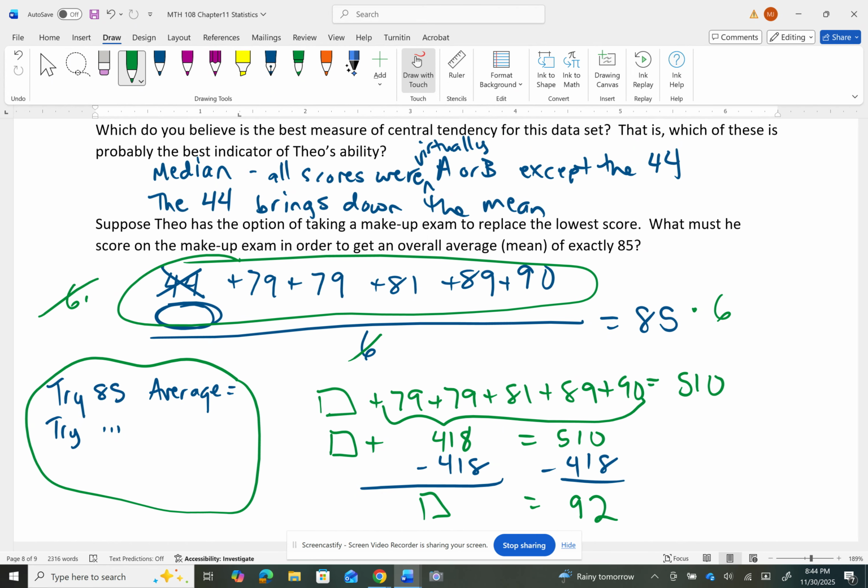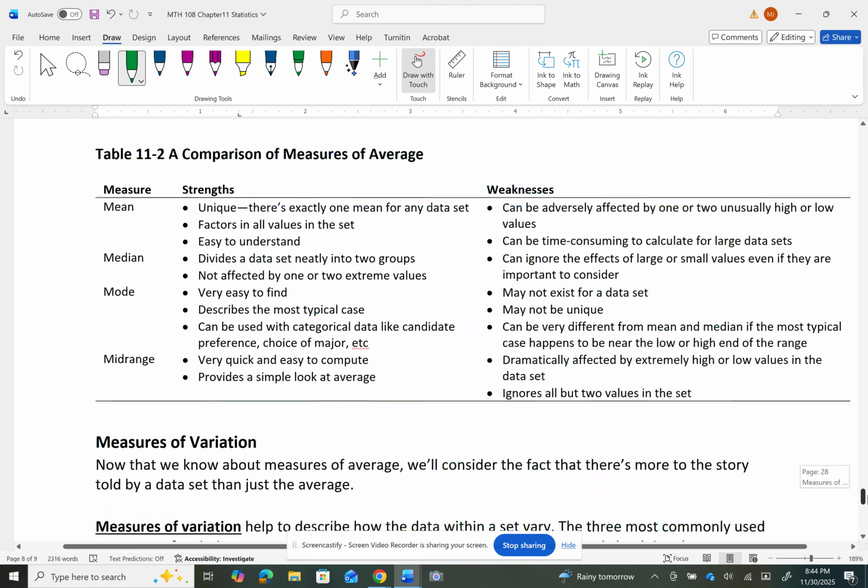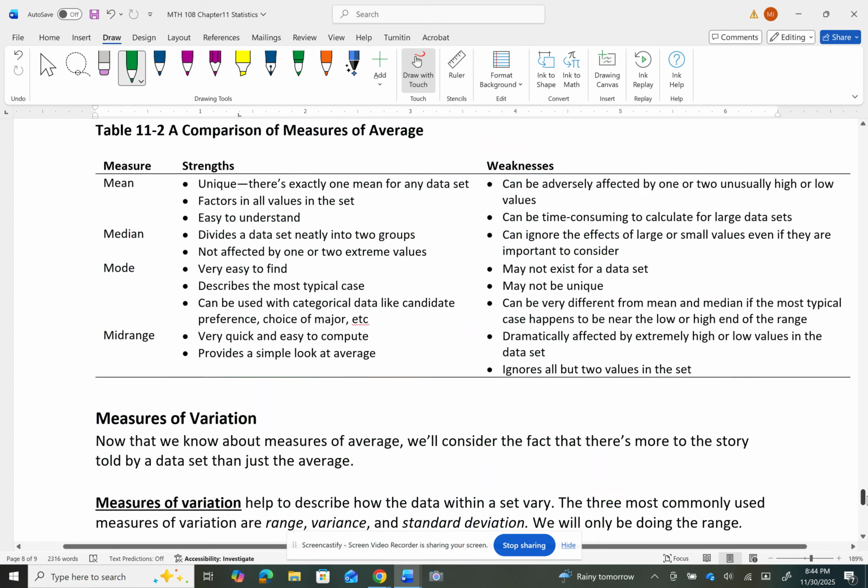All right, and then just a little bit more. I included a chart here from the text that allows you to compare, like see what the advantages and disadvantages of these. So you see the strengths and weaknesses. So the mean does factor in all the values in the data set. Okay, but it can be adversely affected by one or two really high or really low values. That's the problem with it.